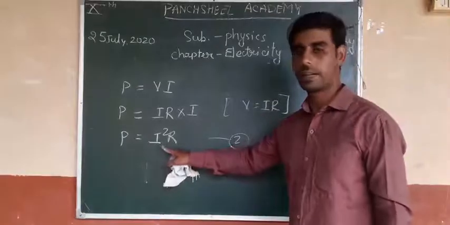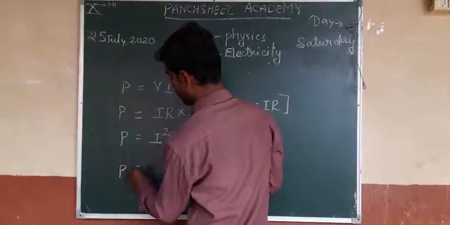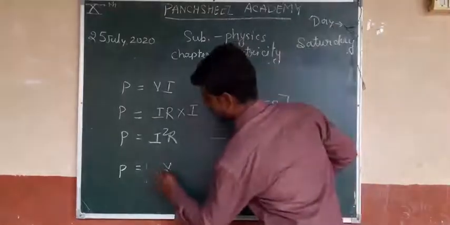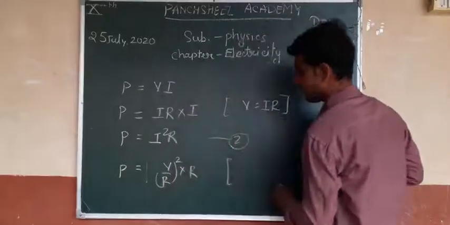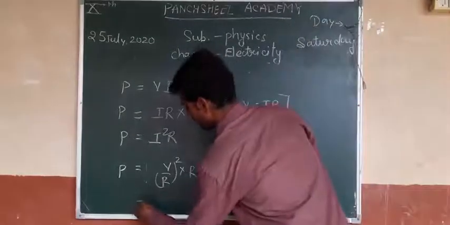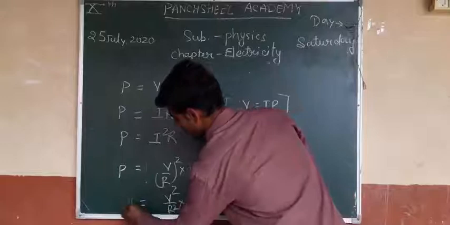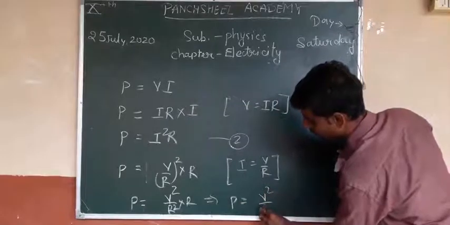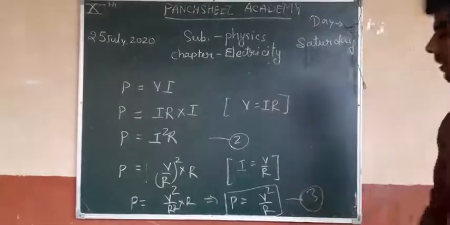It depends on electric current and resistance. Another formula in terms of voltage: P equal to V upon R to the power whole square into R. Please write in bracket I equal to V upon R. So V square by R square into R. So P equal to V square upon R. This is the third formula for electric power.